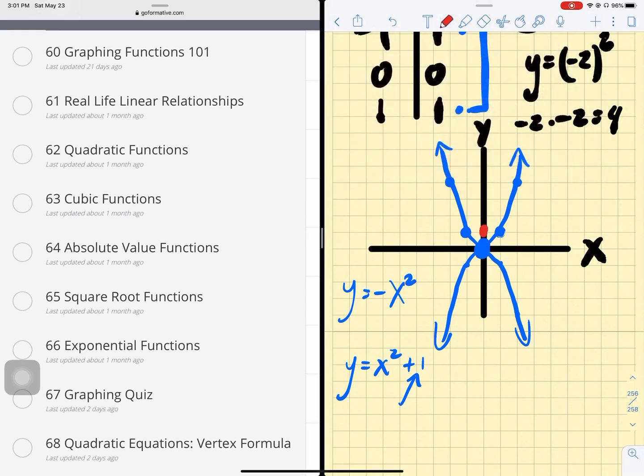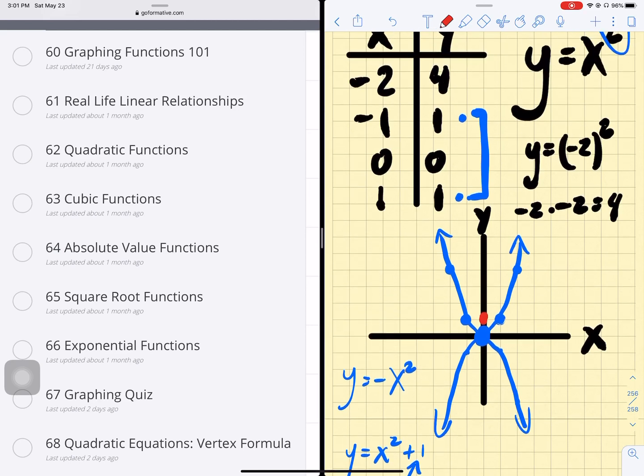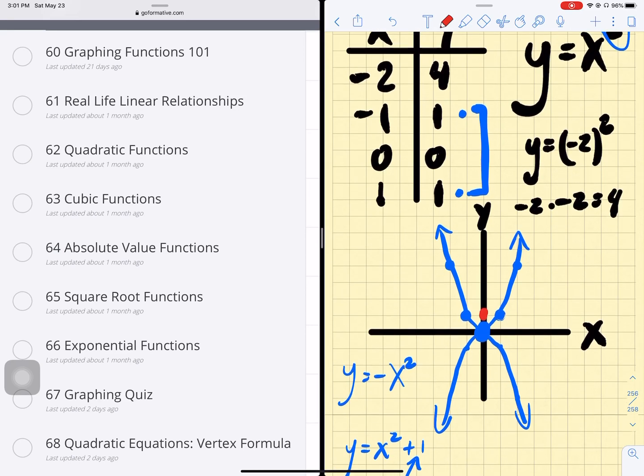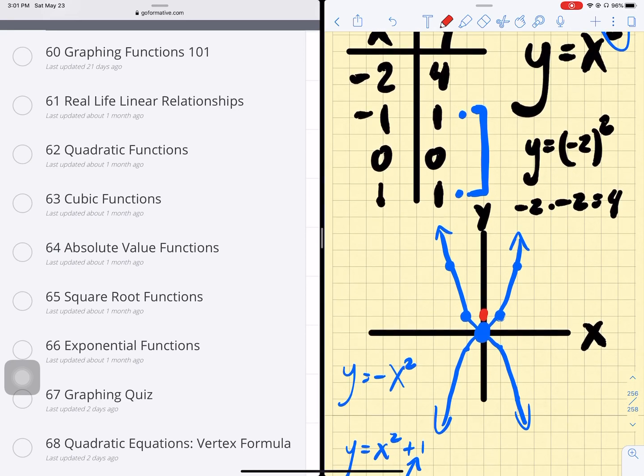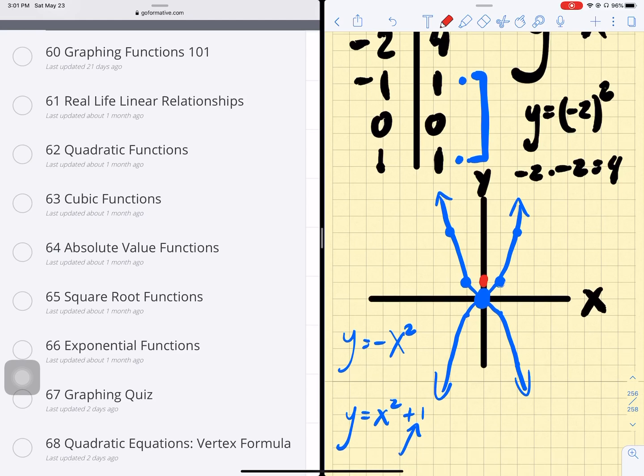It would start right here. And then you would do each value squared plus 1. So -2 squared is 4, plus 1 is 5, so it'll be -2, 5. And 1 squared plus 1 is 2. See how it's all moved up? So it's almost like it's the same thing, but it was moved up 1. That would be doing this one.